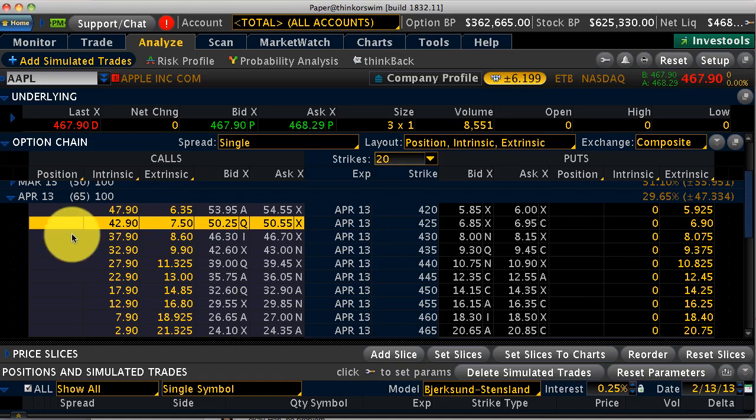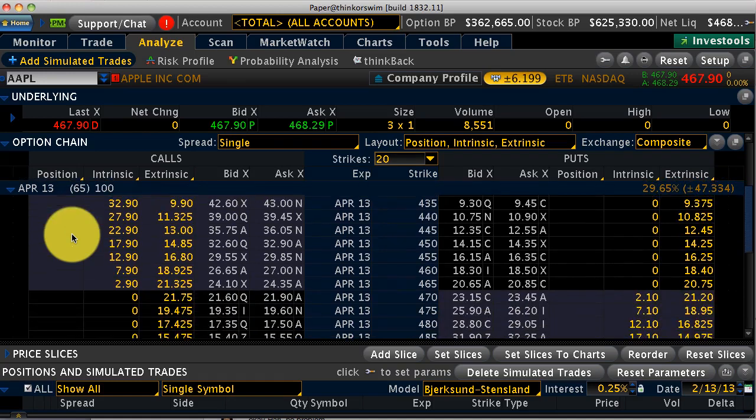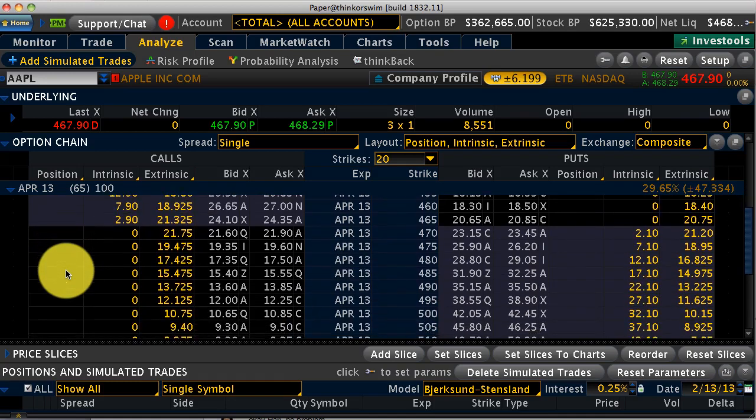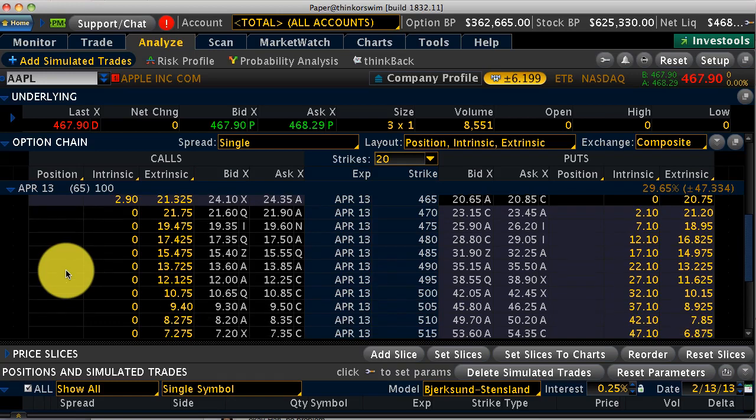So in the money options are expensive, but they will also face the least time decay as compared to your at the money options or your out of the money options. The out of the money options are going to decay the fastest as a percentage of the value of the option. And these are the details that we'll be completely drilling down in the course on time decay.